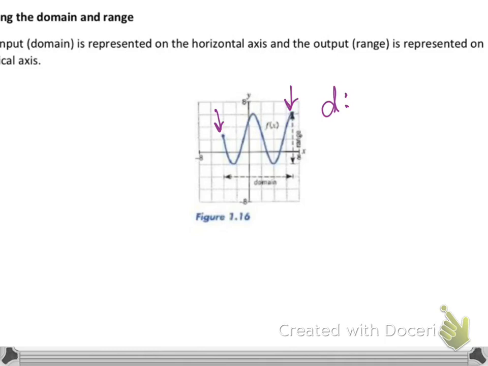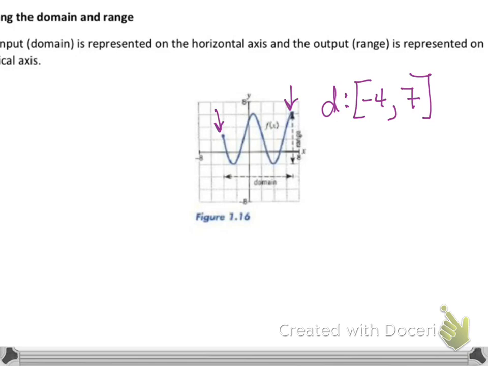So that looks like that's going to go from -4 inclusive all the way to, and this looks like 2, 4, 6, 7 perhaps. 7, and we're going to say that that's a closed dot as well. So therefore, we have a domain that is -4 to 7 inclusive.